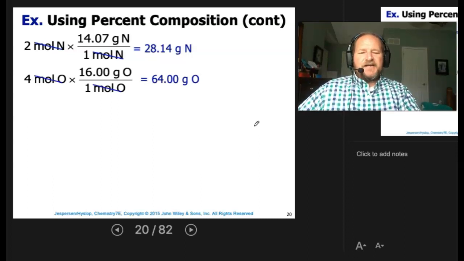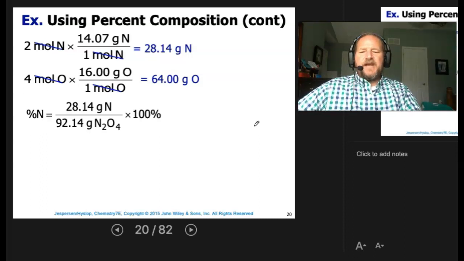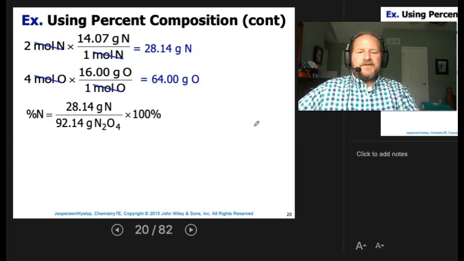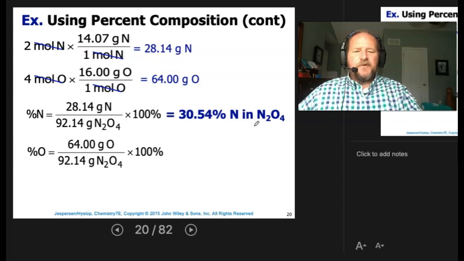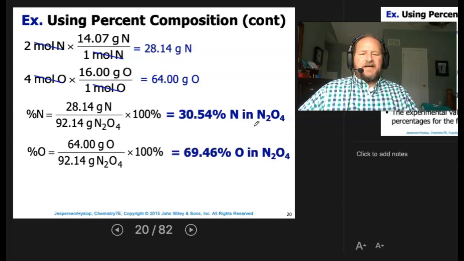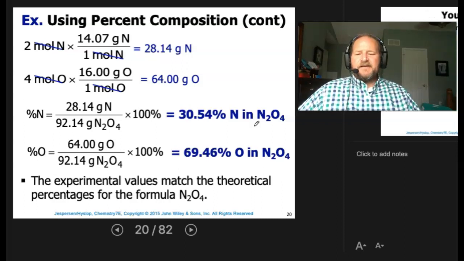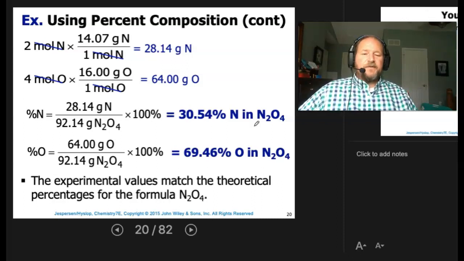Now we can do our percent composition. We have 28.14 over the total mass of 92, and that tells us we have 30.54%. We have 64 for oxygen over the 92.14 total, and that gives us 69. And so in this case, our experimental values match the theoretical percentages for that formula.